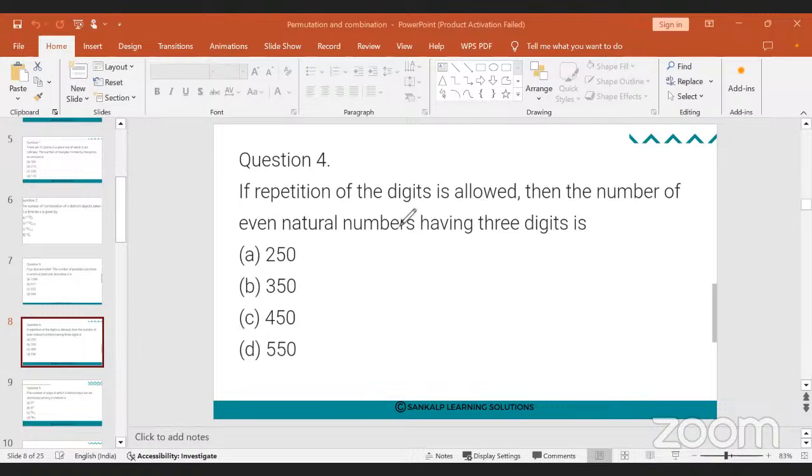If repetition of the digits is allowed, then the number of even natural numbers having 3 digits is what? Try to solve this. If the repetition of the digits is allowed, that is the main case here.